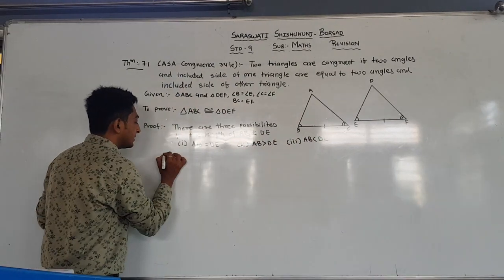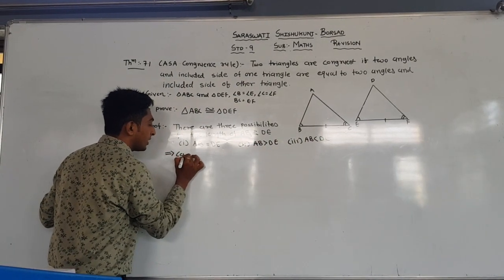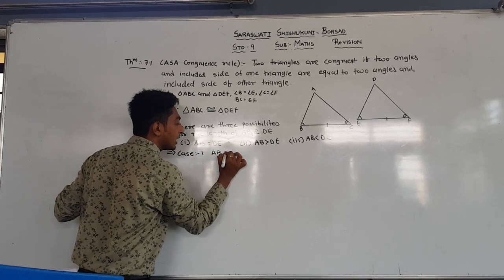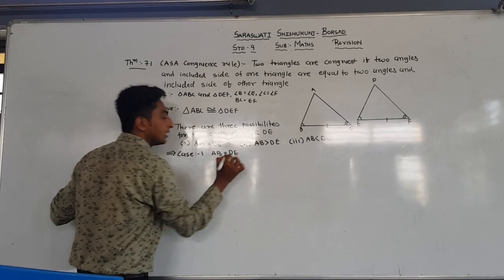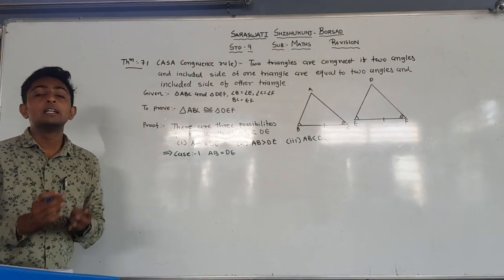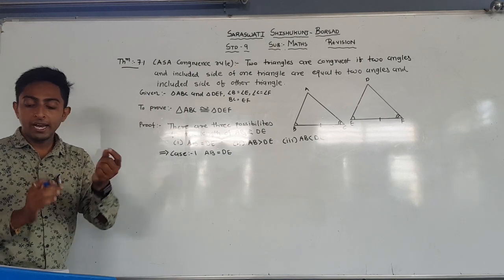Now let us discuss case 1, that is AB equal to DE. If this possibility happens, then what can we do?